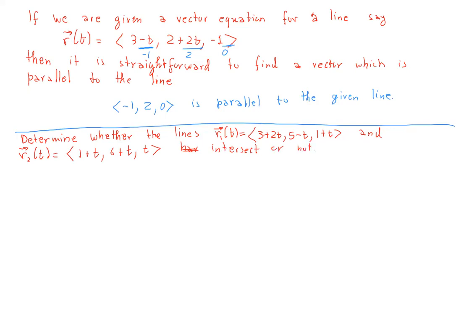You will see that in the process of determining whether they intersect or not, we actually can find their point of intersection. So it almost goes without saying. And here there's a very, very interesting situation going on.